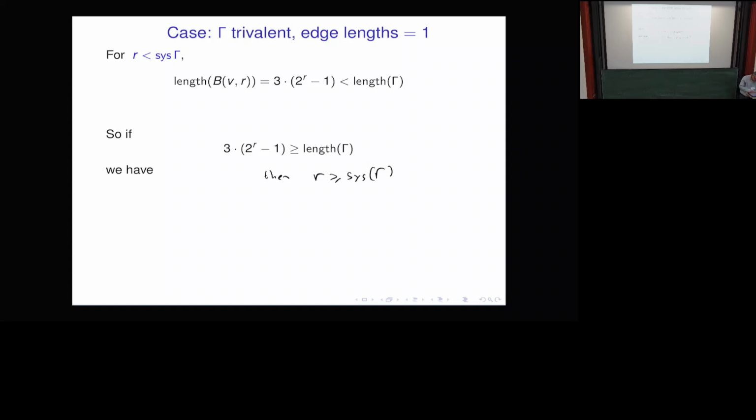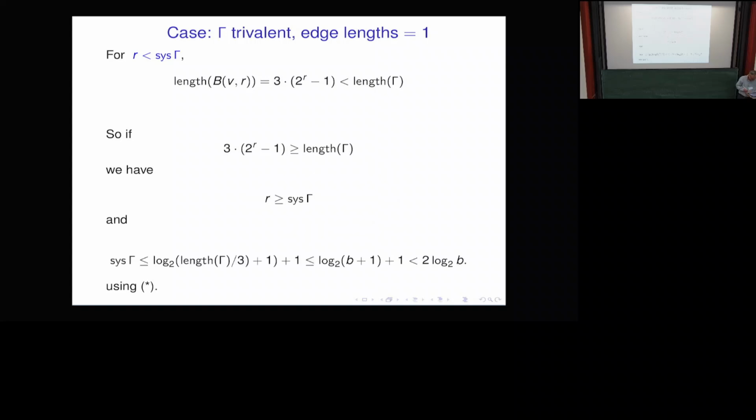When I have equality, 3 times 2 to the R minus 1 equals the length of gamma, I get 2 to the R minus 1 equals length of gamma over 3 plus 1, and R becomes logarithmic in the length, which is what I was promising, logarithmic in the number.